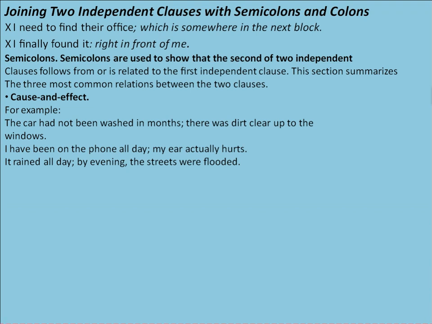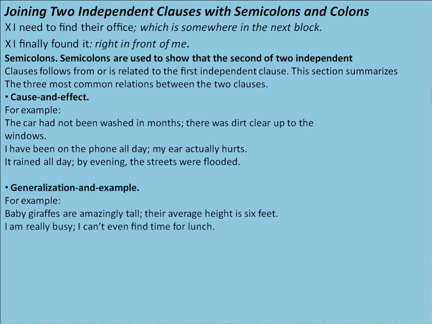Now, generalization and examples. The second independent clause in these examples illustrates the point made in the first clause. For example, baby giraffes are amazingly tall; their average height is 6 feet.